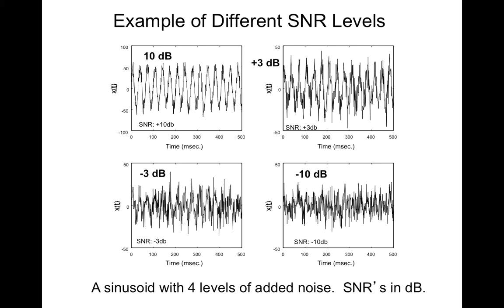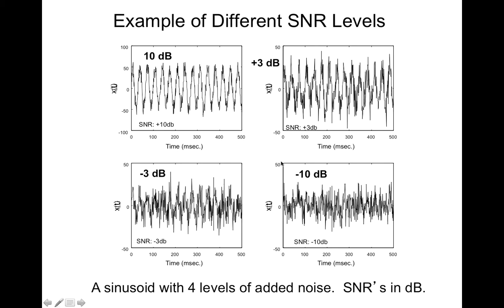So here's some examples of actual data. This is a sinusoidal waveform, and the first graph shows a signal to noise ratio of 10 dB, and then the noise increasingly gets larger and larger until this final graph down here on the bottom right has a signal to noise ratio of minus 10 dB, meaning the noise is an order of magnitude greater than the signal.